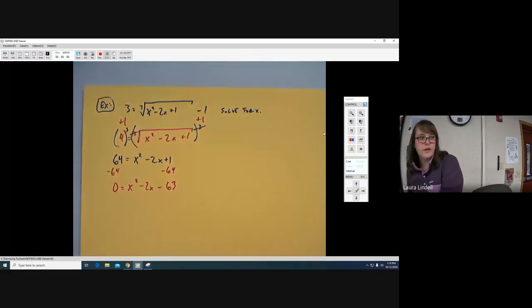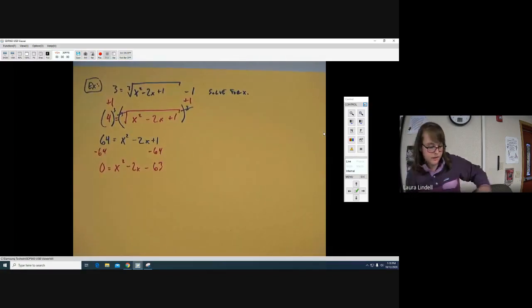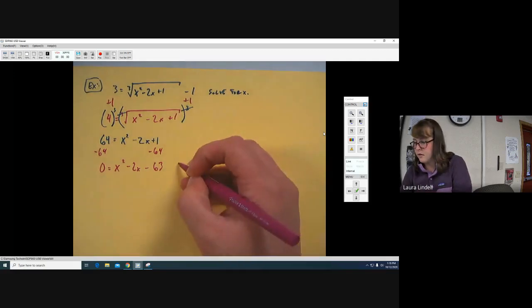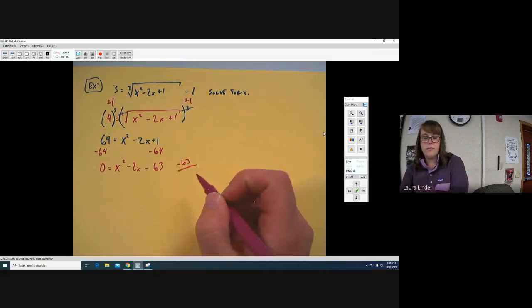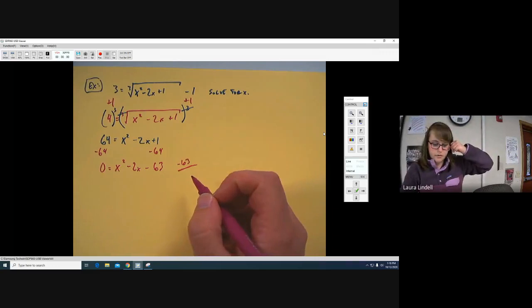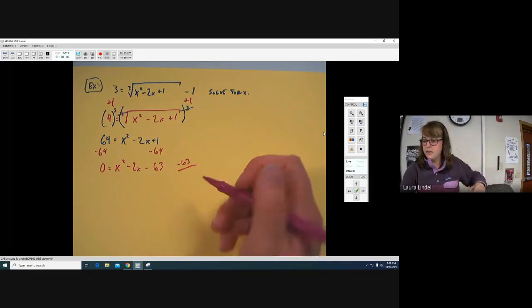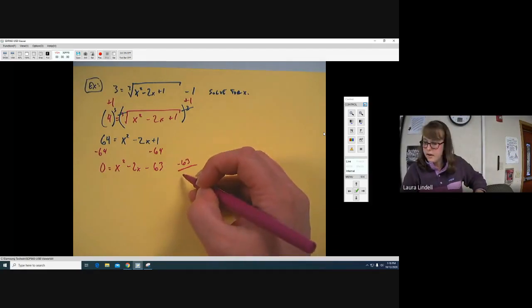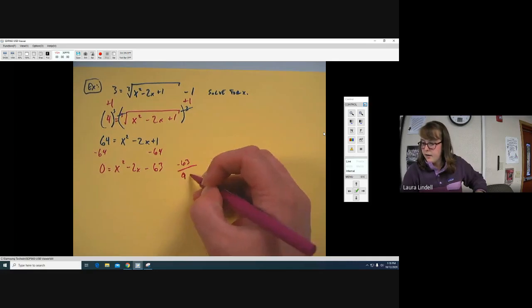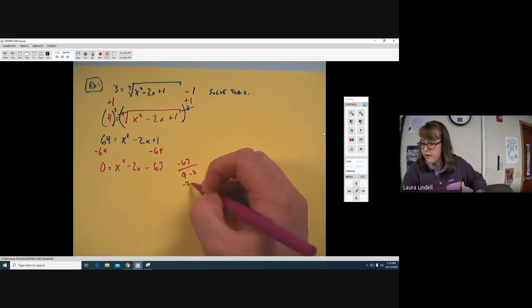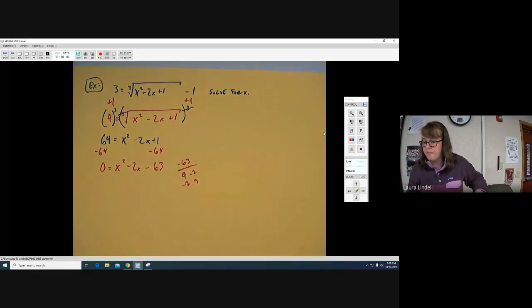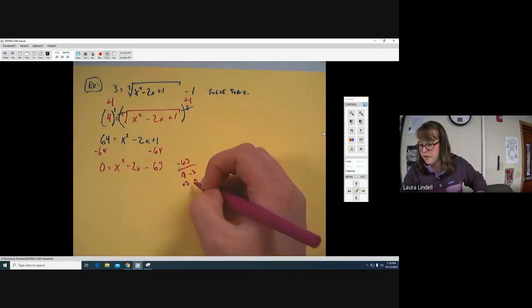So now we're thinking of things that multiply to get negative 63 and add to get negative 2. Well, the only factors of negative 63 that are going to help us here are 9 and negative 7, or sorry, positive 7 and negative 9.